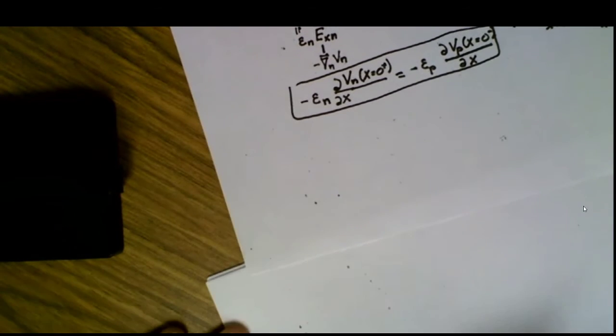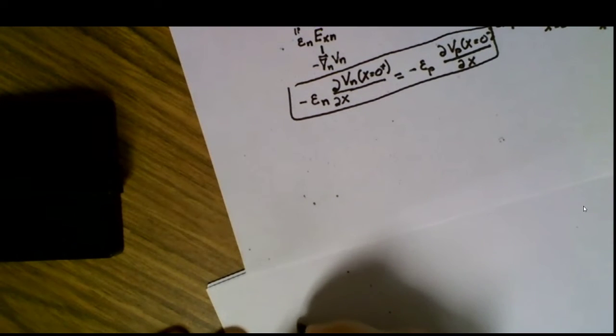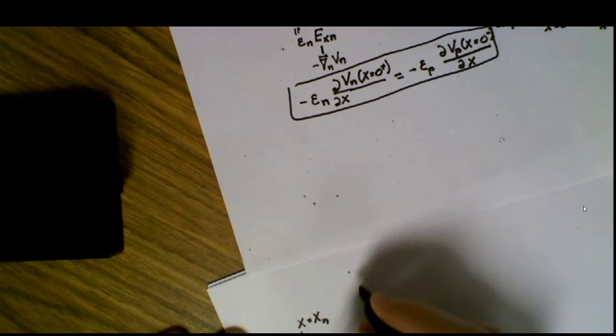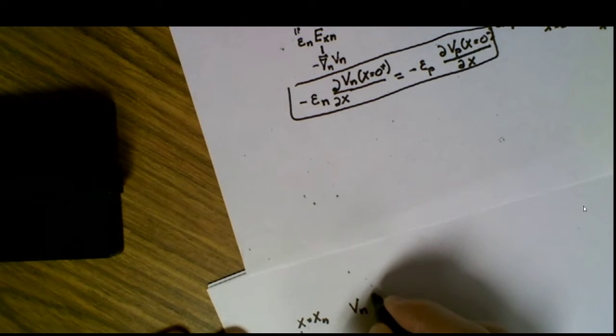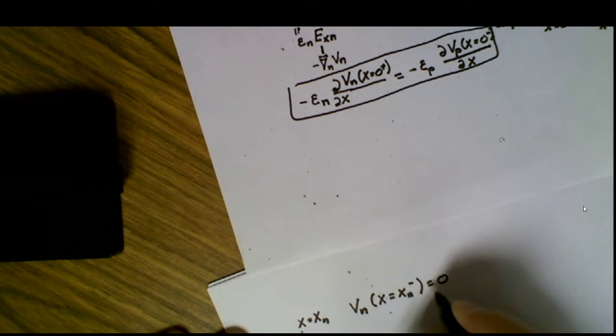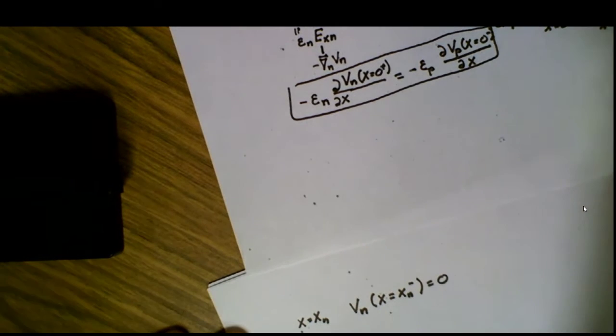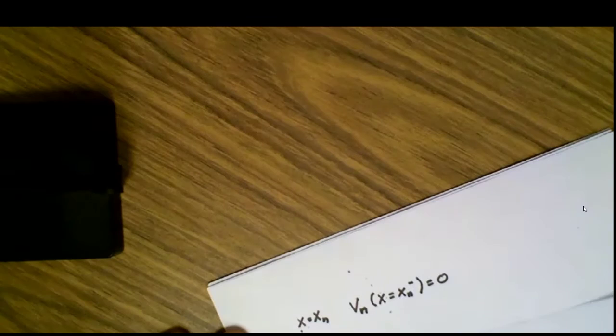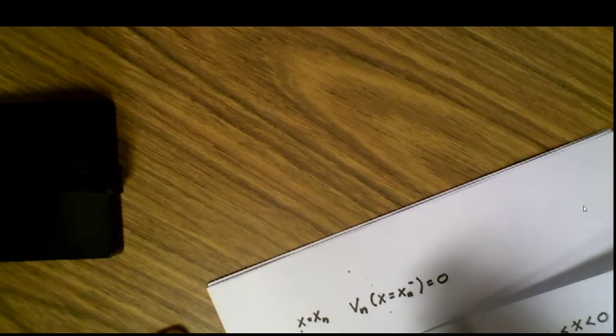So let's look at the region at x is equal to x sub n. The boundary condition that must be satisfied is the potential at that particular point must be equal to 0. But the potential can be expressed in another way.